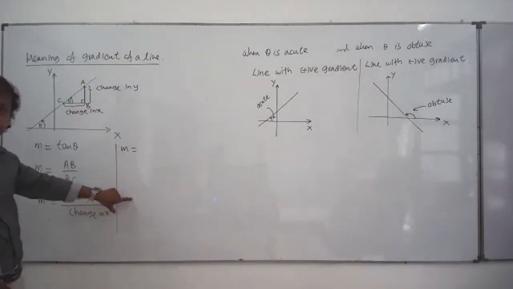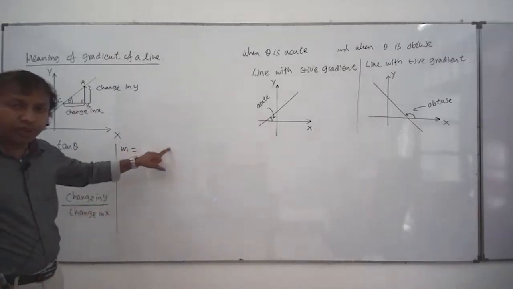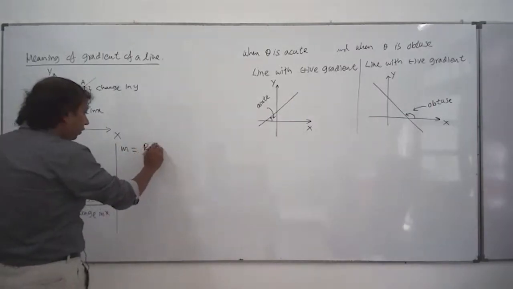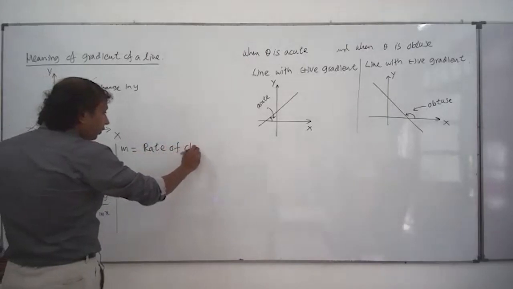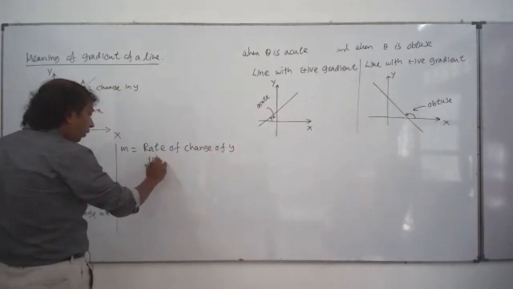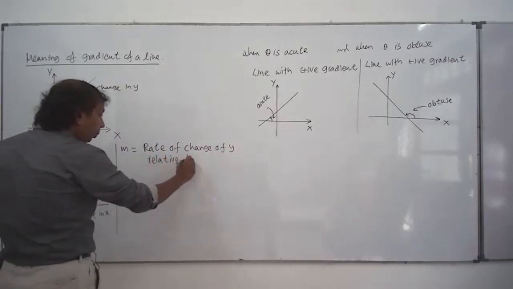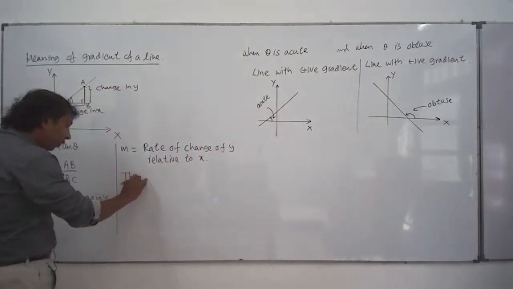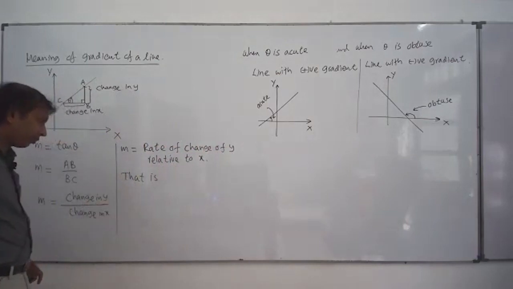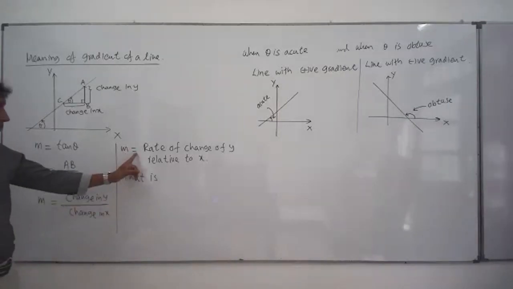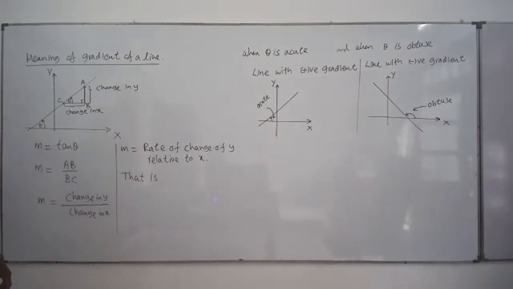As I illustrated earlier. What is that? Rate of change of y relative to x, right? You can write rate of change of y relative to x. In other words, that is M, rate of change of y relative to x.